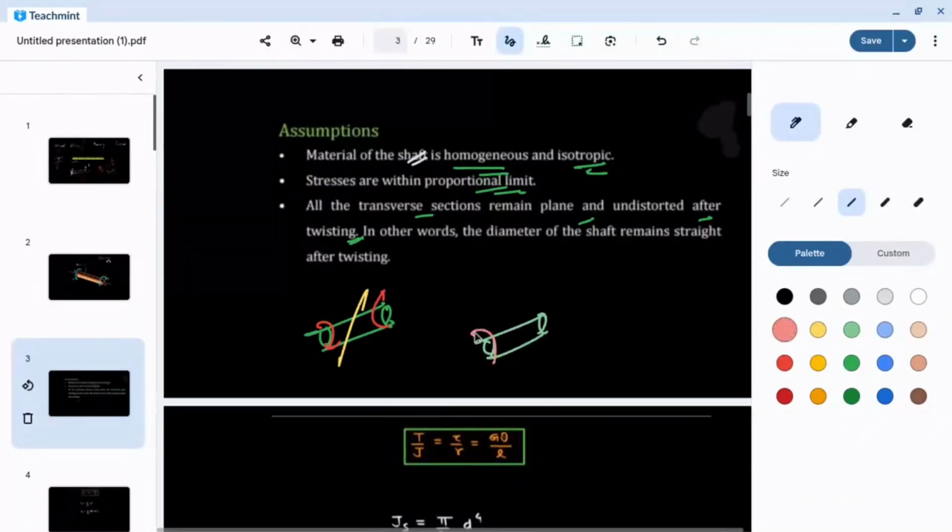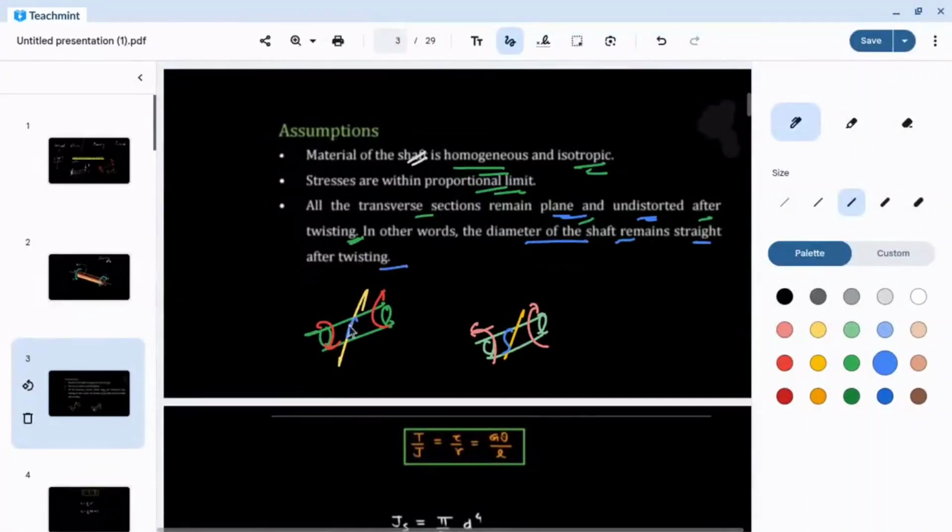Even though you are applying torsion, my planes remain straight. All the transverse sections remain plane and undistorted after twisting. In other words, the diameter of the shaft remains straight after twisting.